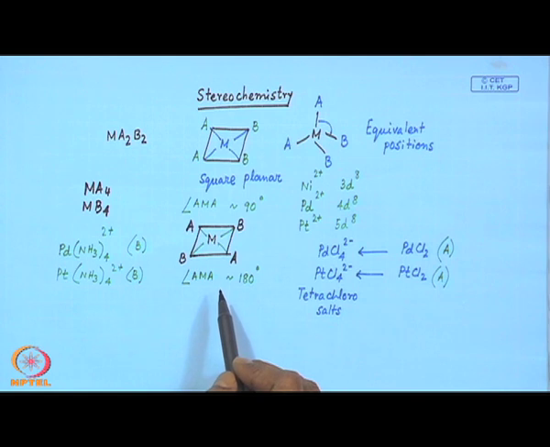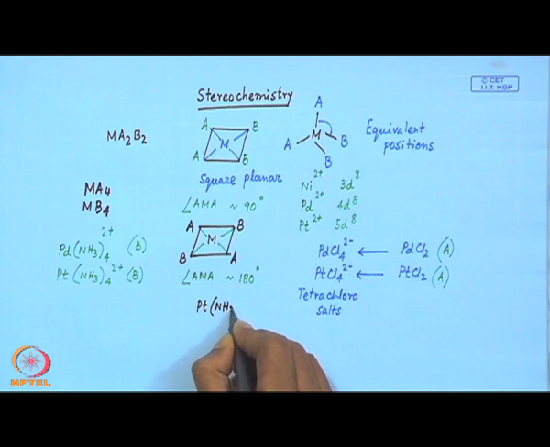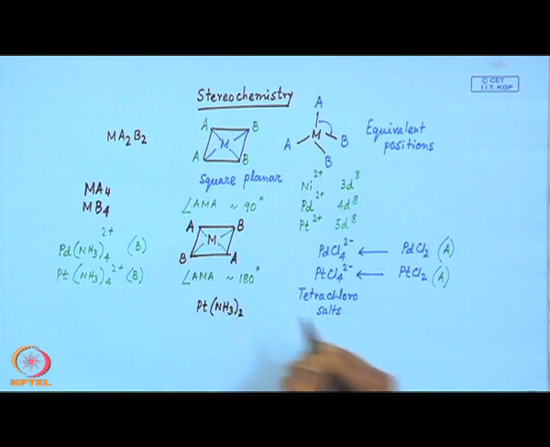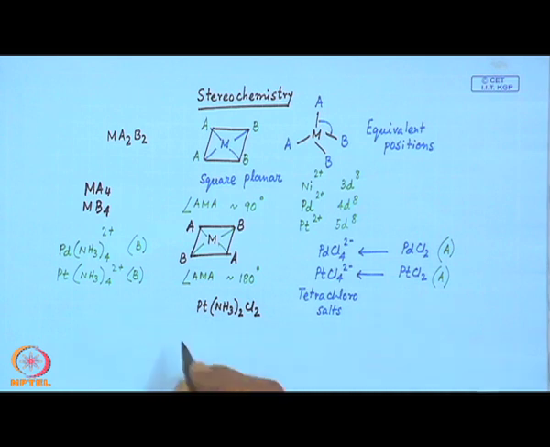And if by some synthetic procedure we can go from this particular species to some intermediate formation of these MA2B2 type compounds, such that for platinum we can have M(NH3)2 and then Cl2 as the corresponding compound. Similarly, we can have it for palladium also.